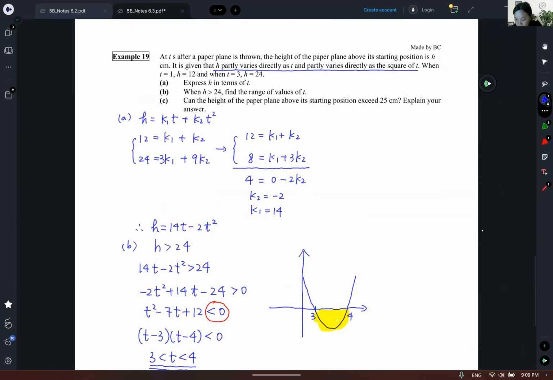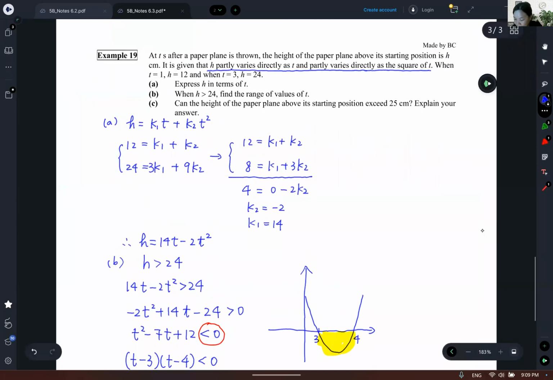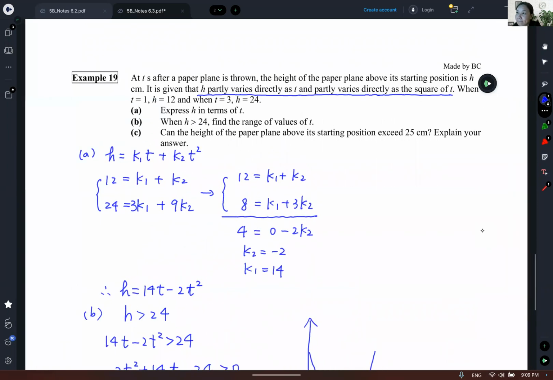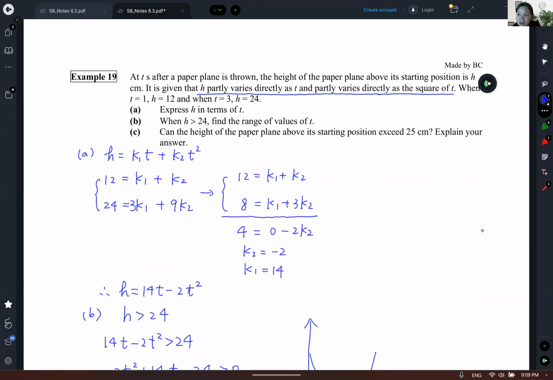The last question reads very strange. Let's read it. It says, can the height of the paper plane above its starting position exceed 25 cm? Explain your answer. Can it exceed?